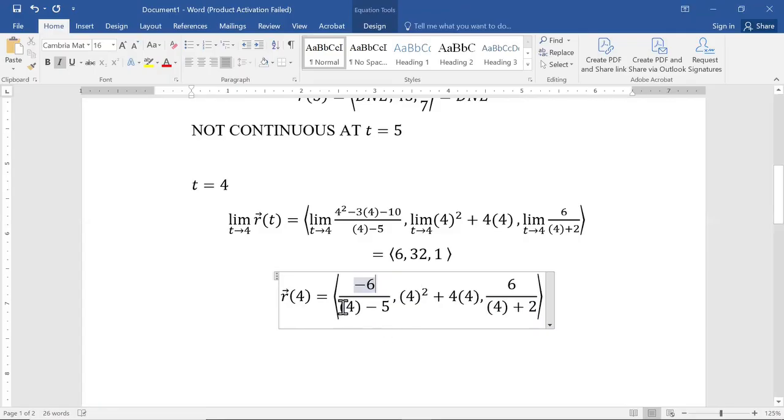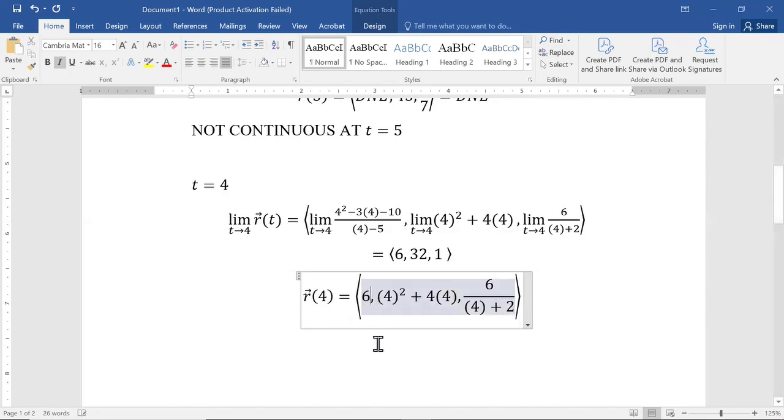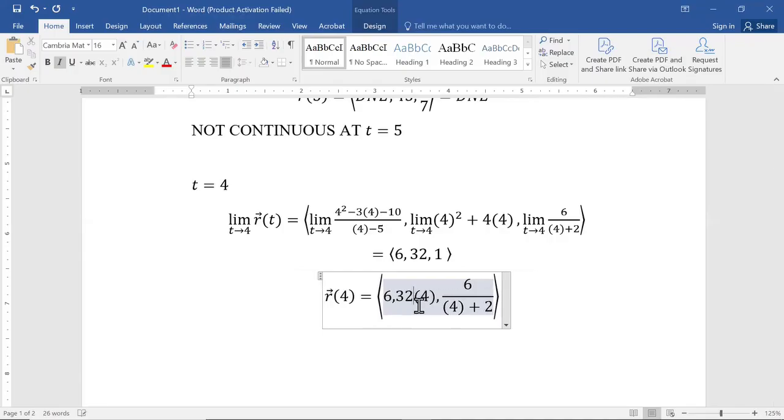Again, I'd be putting multiple steps if I was writing this down on a piece of paper. 4 minus 5 is a negative 1. So I get a 6 when I plug in 4 for my x component. 4 squared plus 4 times 4, that's 16 plus 16, that's 32.